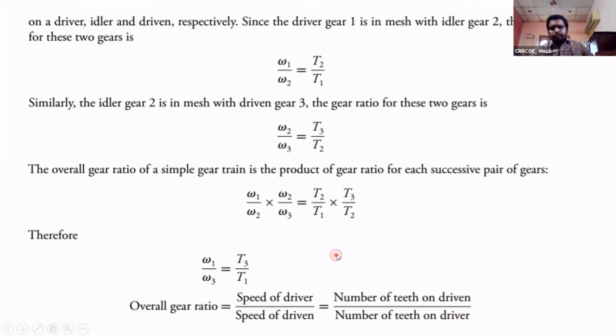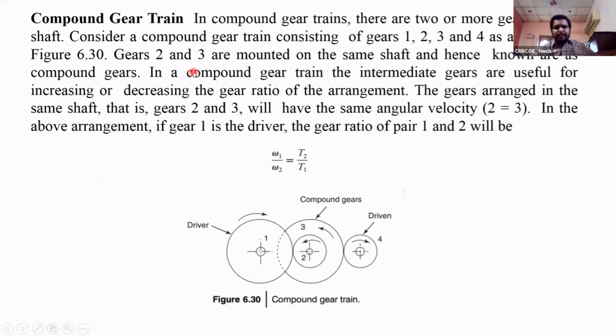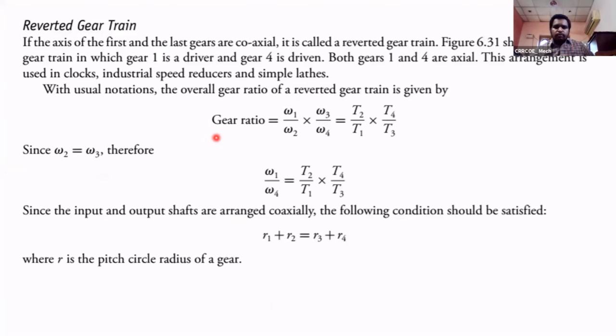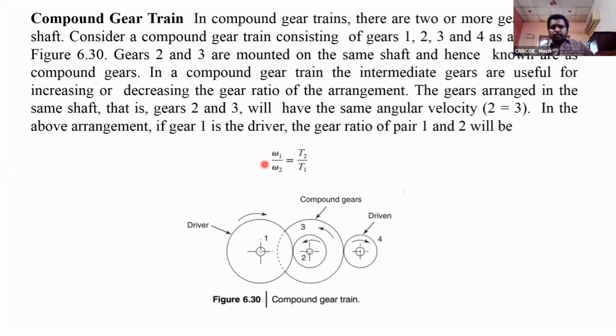Next, compound gear trains. Here there are two or more gears on one shaft. Means one shaft has two or more gears, then it is called a compound gear train. Here also we calculate a gear ratio.